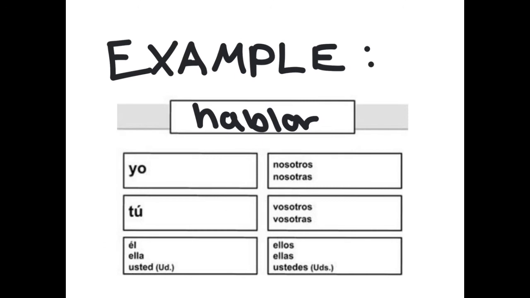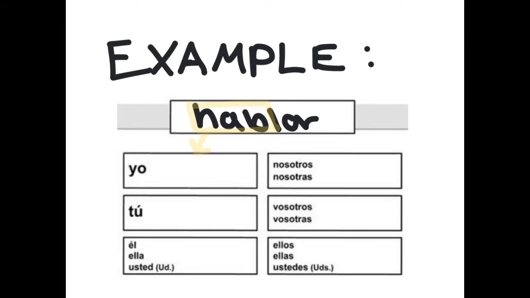Okay, so for example, if we're trying to conjugate hablar in the past tense, so if I'm trying to say I talked, she talked, something of that matter, here's how you conjugate it. So just like normal for conjugation, you keep everything except the ending and drop it down.